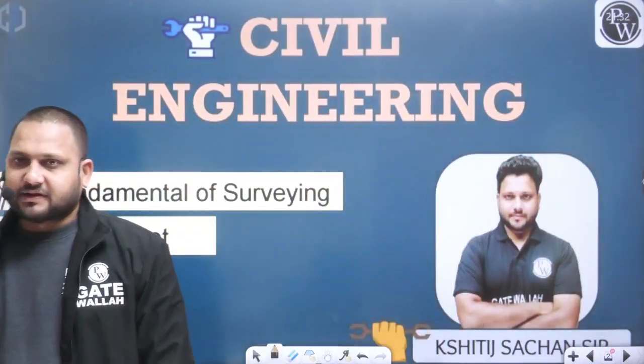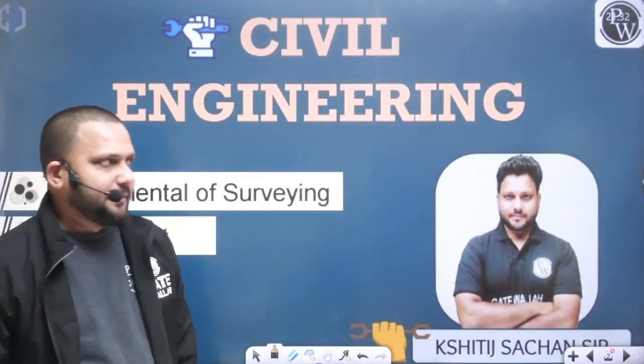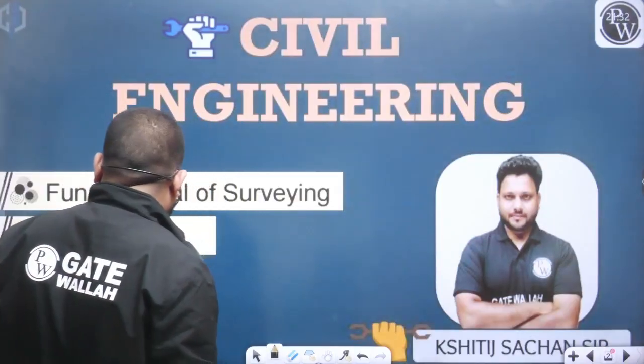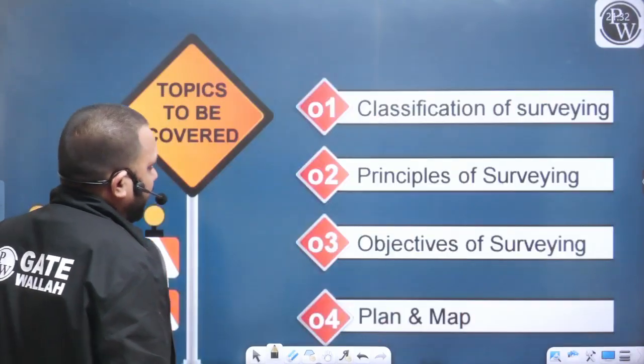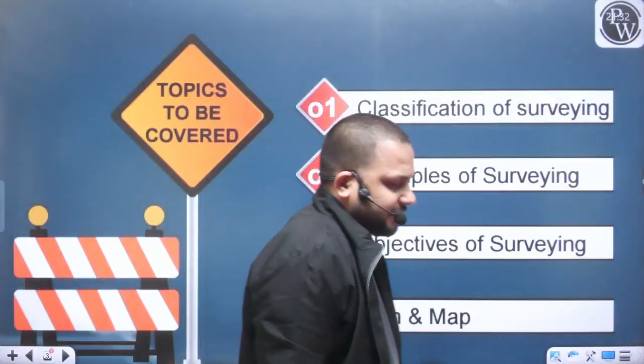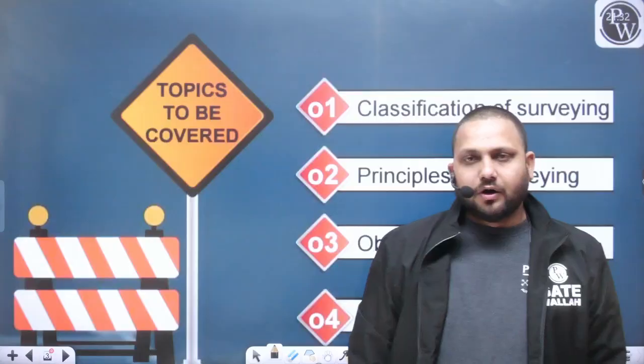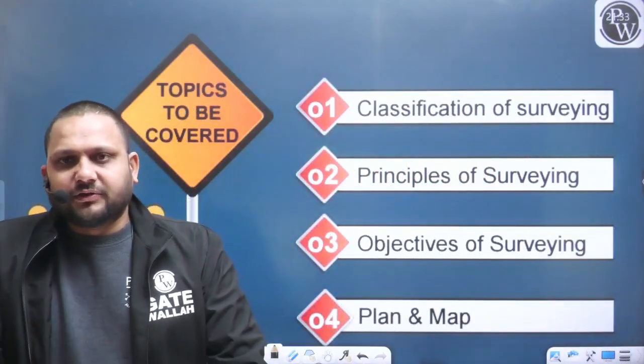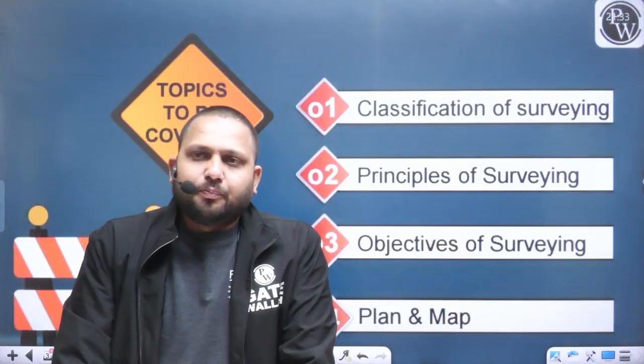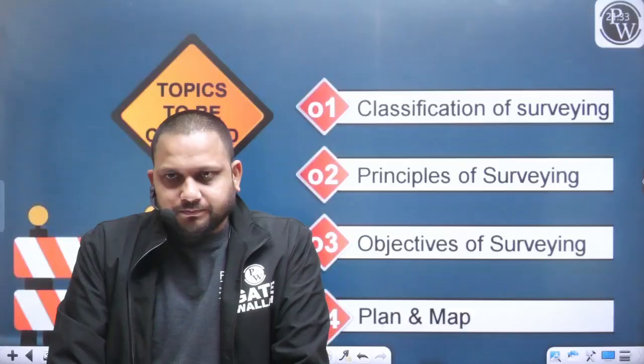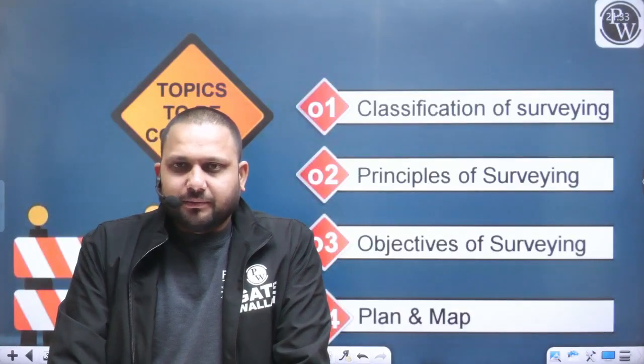So till now, what we have discussed, what is the conclusion? Surveying is an art for determining the relative position of any point. Point may be on the earth's surface, above the earth's surface or below the earth's surface, and to define the relative position of that point, we need to perform certain measurements. So what are the various measurements?